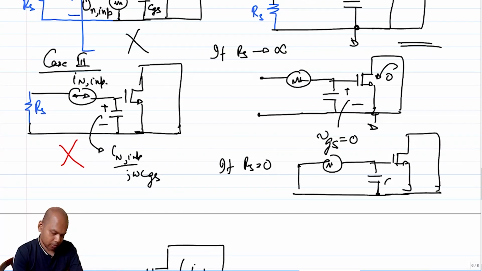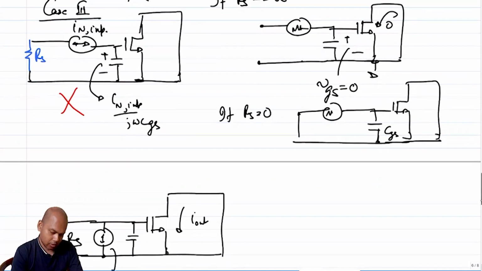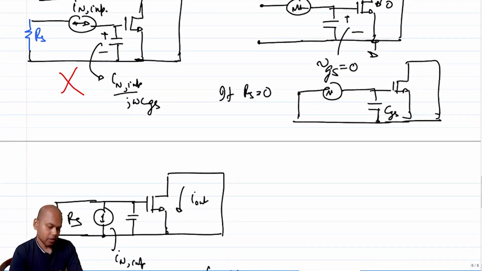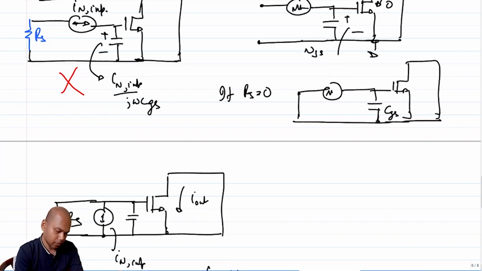Which essentially means that your VGS is equal to VN input referred.